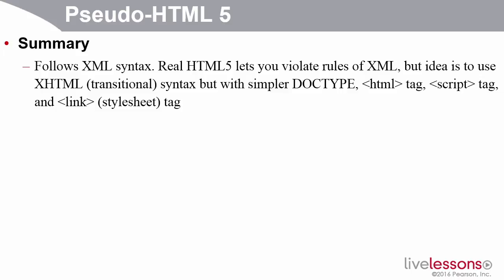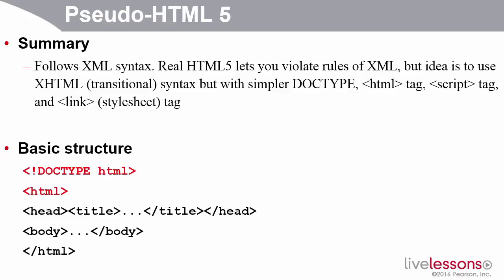And HTML5 doesn't require you to put everything in lowercase, but you do this anyway. So you're using HTML5, but you're kind of using a restricted set of HTML5, and you're not necessarily following all the rules of HTML5, but you're making use of the fact that HTML5 will let you write code in that way. So you have a simpler doc type, you have a simpler HTML tag, and as we saw earlier, you have a slightly simpler script tag. You don't have to give the type attribute.